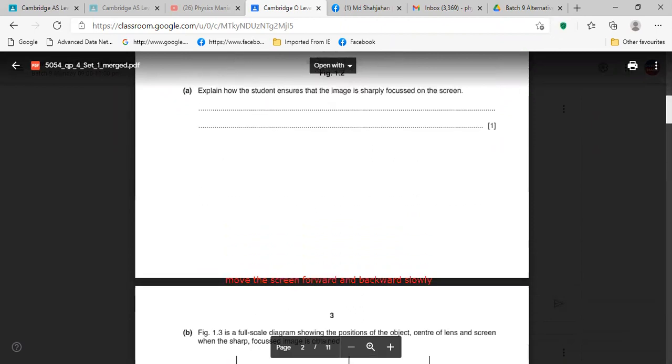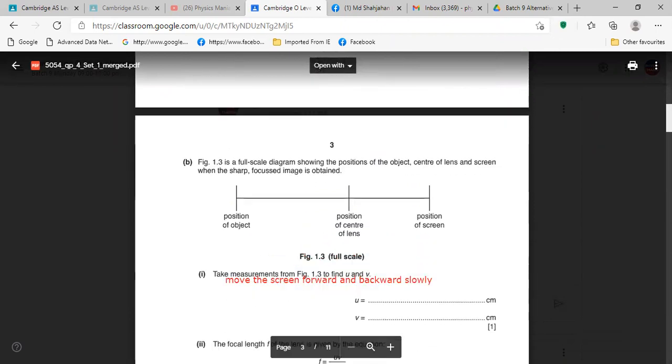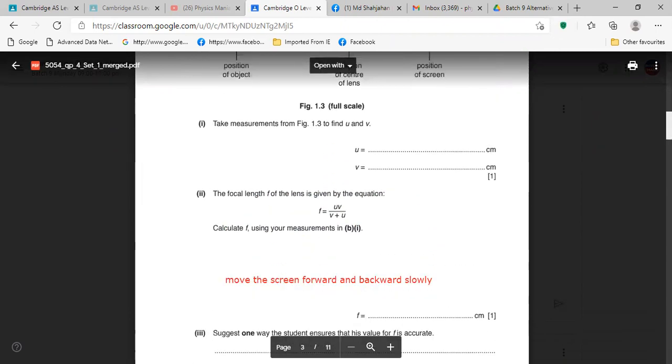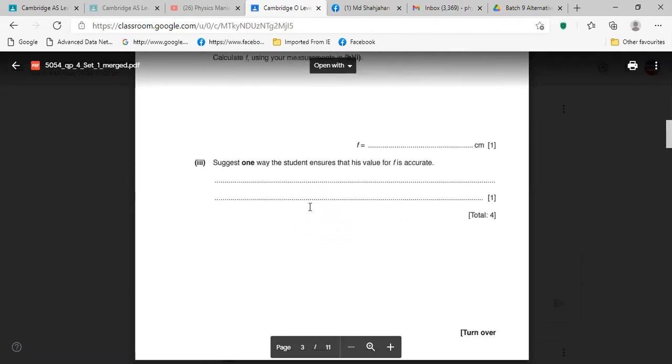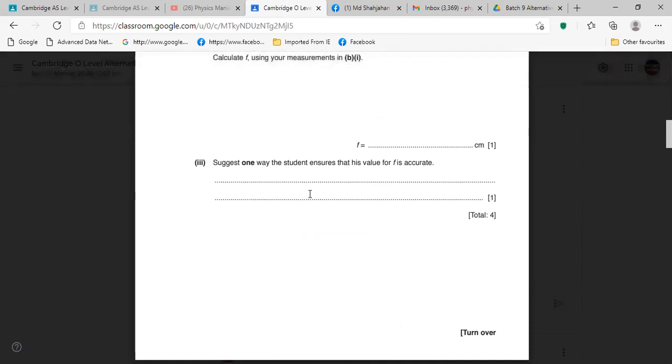Okay, sir. Then here you got the measurements already. If f was calculated, u is 6, v is 4.3, and f is 2.5. Then suggest one way the student ensures that his value for f is accurate.